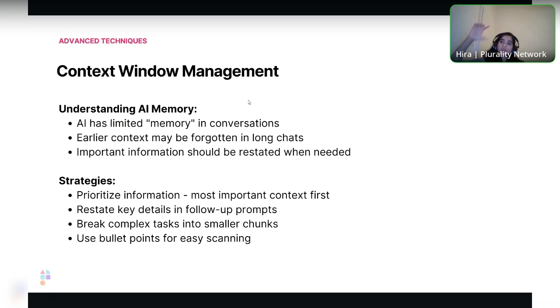Because if you're having a conversation and the context window is reached, then the model starts forgetting the earliest conversation facts. It's like a sliding window, and the oldest facts start sliding out of the window. So the model starts forgetting them.